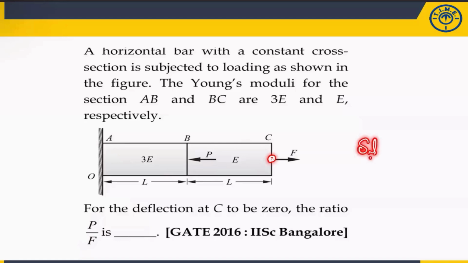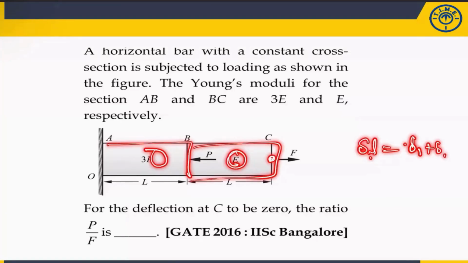That means delta L is the deflection of this plus the deflection of this, because both bars are connected in series. So the deflection of the first member plus the deflection of the second member is equal to 0.